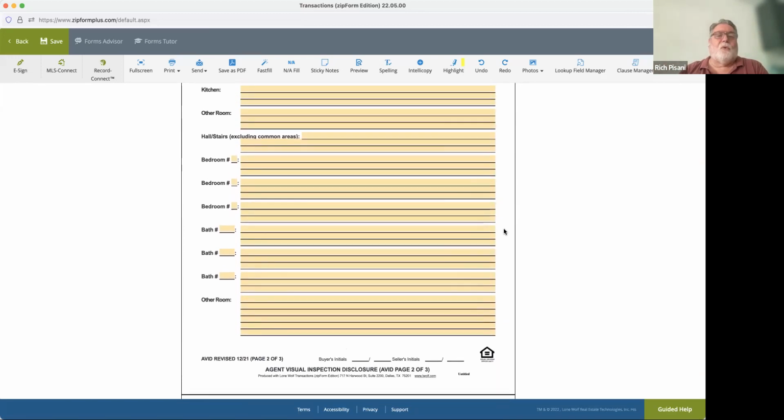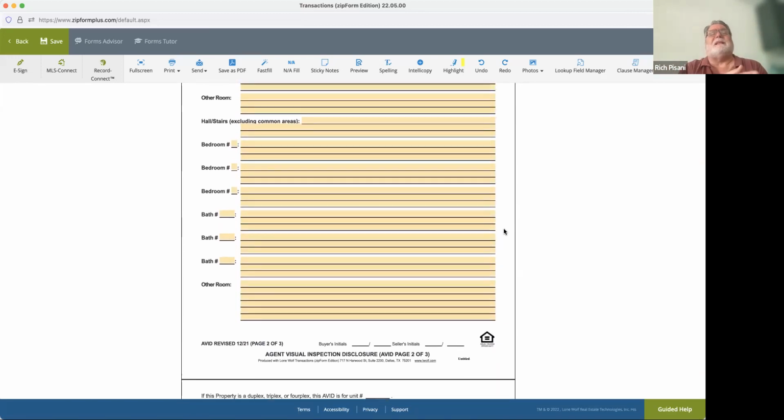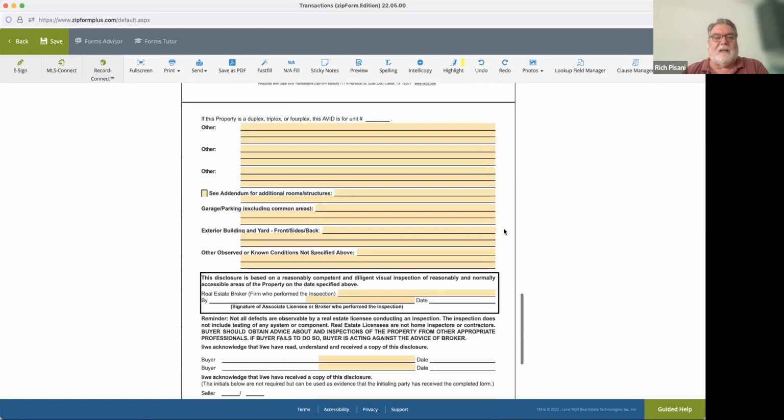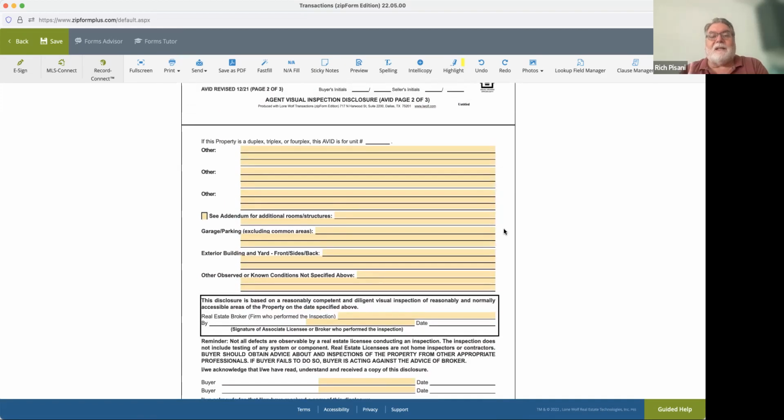And you go through room by room, and this is what's easy about Glide, that it's really easy to go room by room, and if you go over too much text, it automatically generates an overflow addendum. So it's really good in that respect. Everybody asks me, what is other for? It could be other rooms. It could be other things that you know about the property.